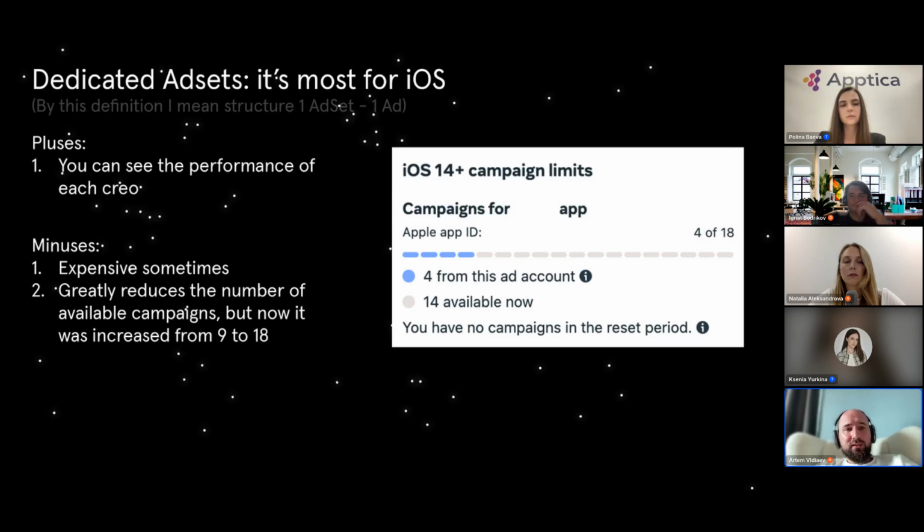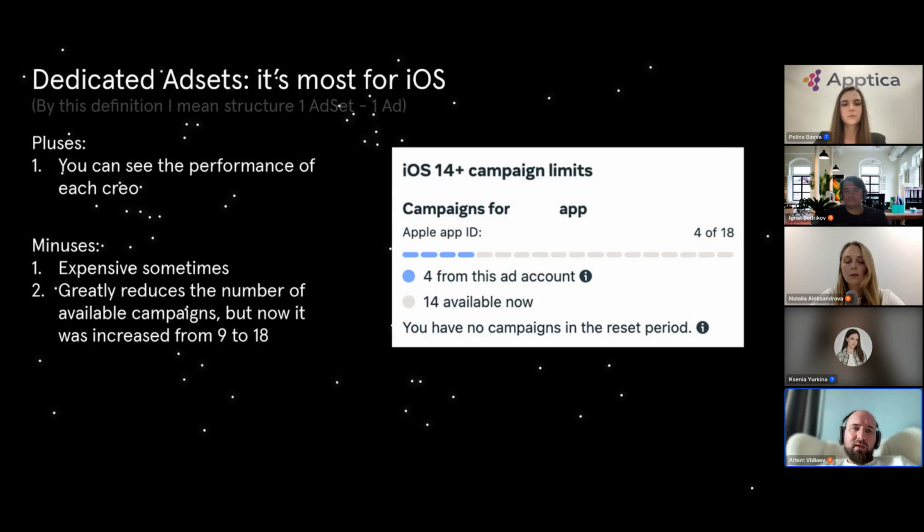Minuses, sometimes it's expensive, but now because Meta increased the limits of campaigns, this approach is more convenient, because previously the limit of iOS 14 plus campaigns was 9. Now it's 18, and you can use 18 slots to test your creatives.